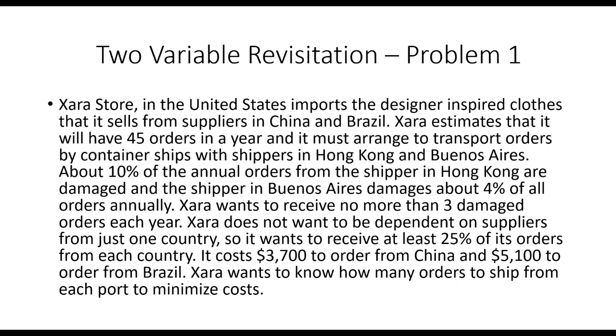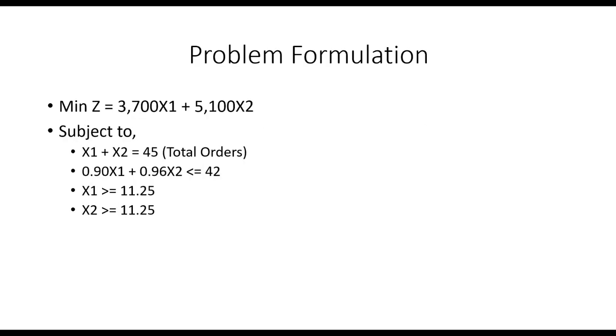Finally, it wants to receive at least 25% of its orders from each country. That means X1 must be greater than or equal to 25, and X2 must be greater than or equal to 25. So we have 4 constraints in this problem.